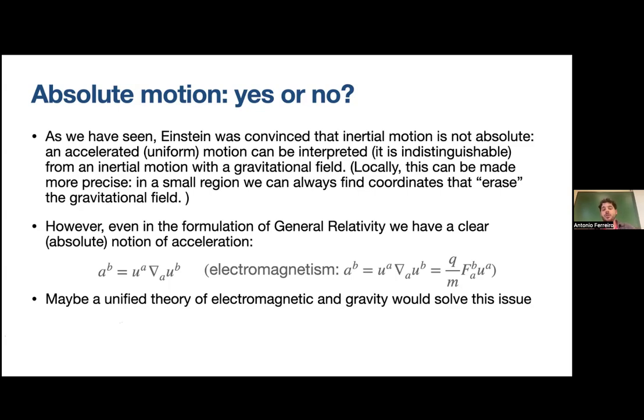Okay, so it is not true that all motions are completely relativized, and there is a way of saying whether this is accelerated or not, if we have extra forces, which, for example, electromagnetism clearly is.